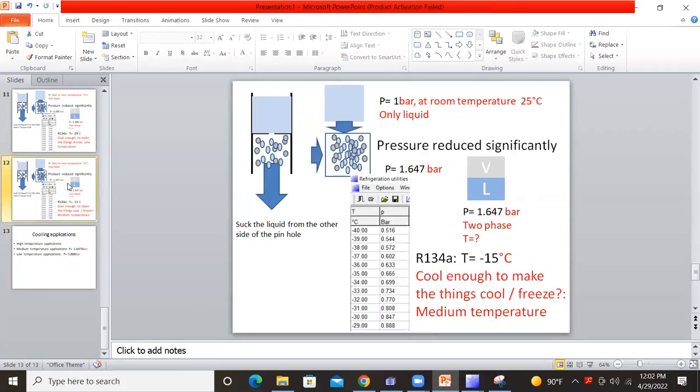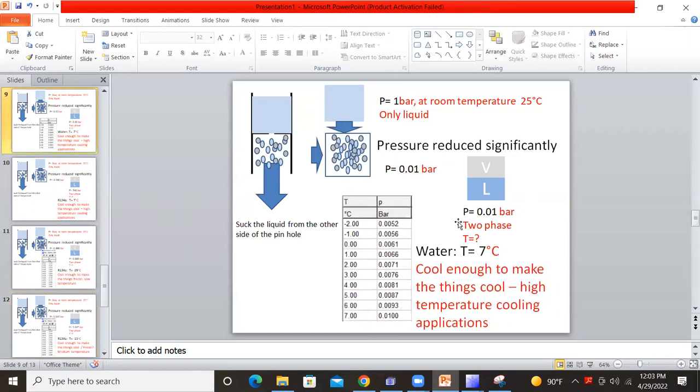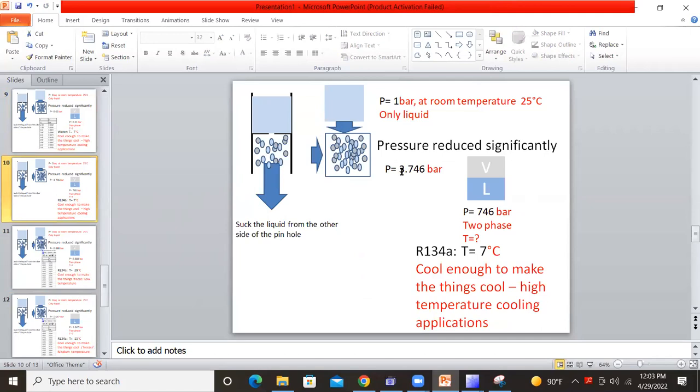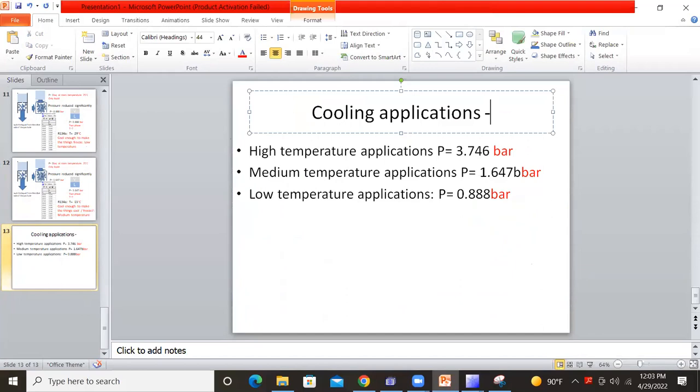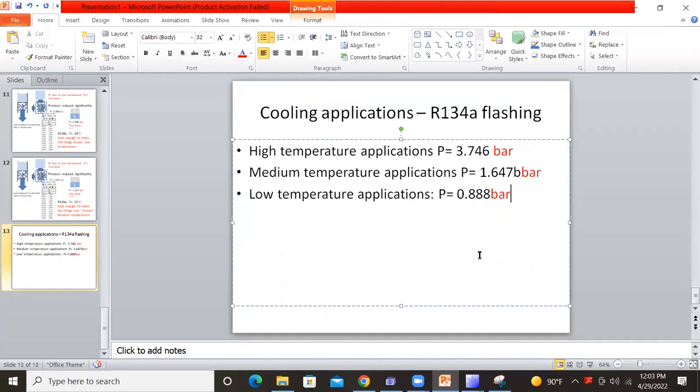So pressure is 3.746. R134A flashing. So you flash to low levels, you can see. Okay. Good. Try to understand.